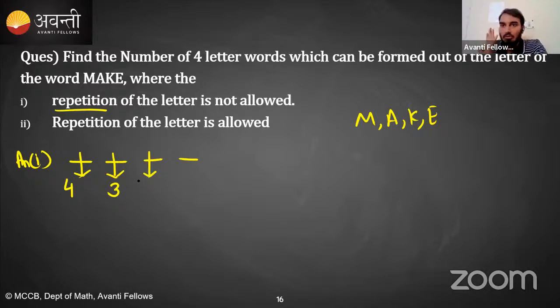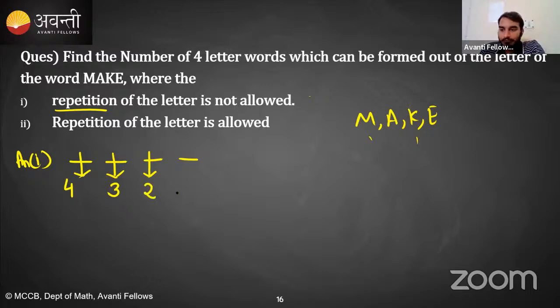The letters used on the first and second places cannot be used. Let's say M and K have been used. Then 2 letters are left, so the third place can be filled with 2 choices.